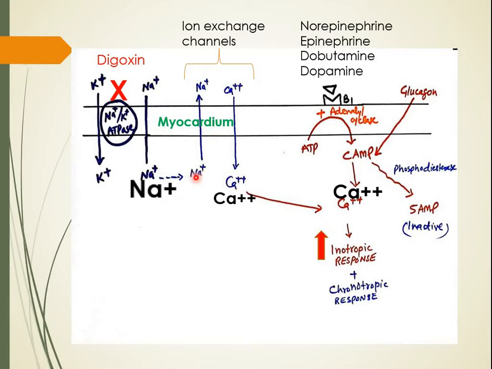Now, this raised sodium will exchange through this ion exchange channel. It will go to the exterior by following this ion exchange mechanism, but in exchange, calcium influx will happen, so the calcium level is increased. And once the calcium level is increased, this will lead to a positive inotropic response.